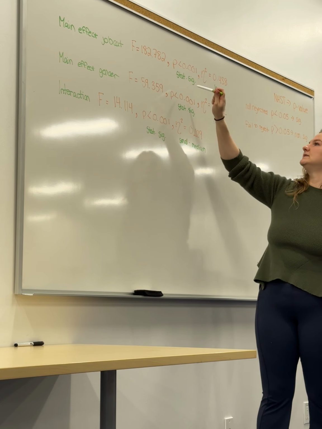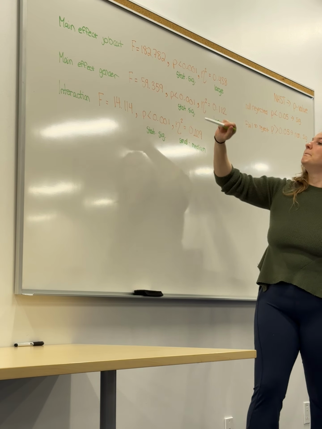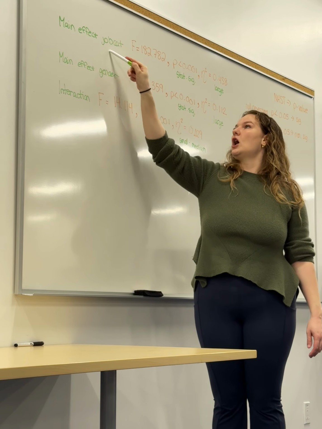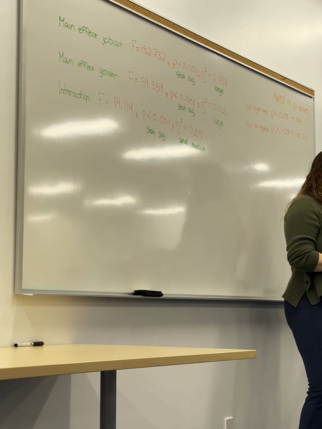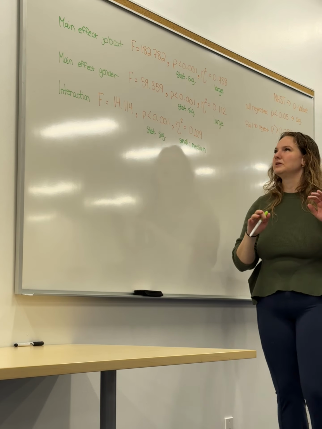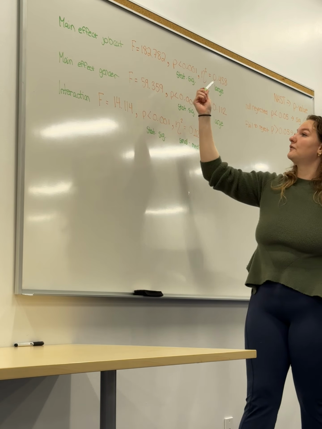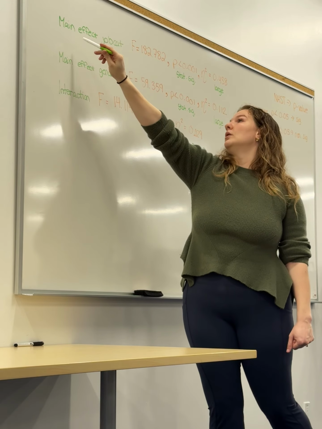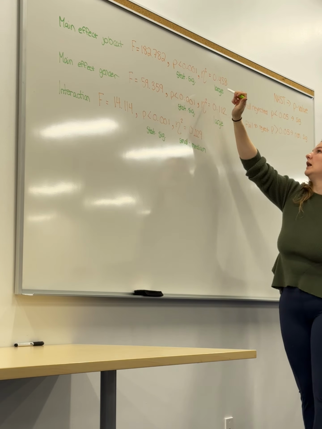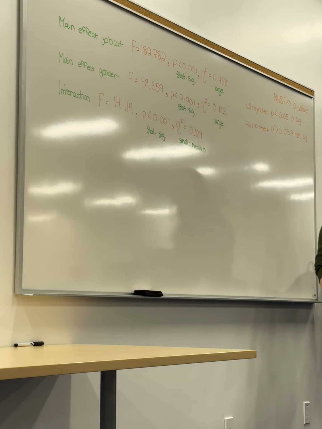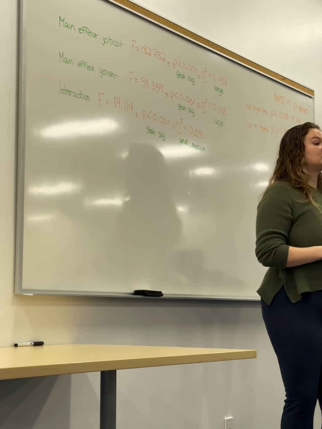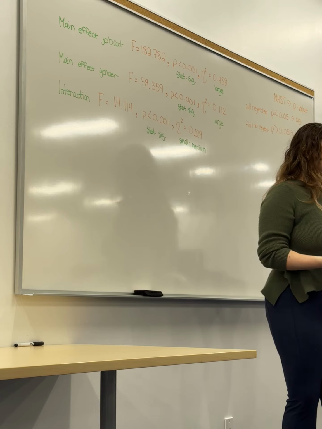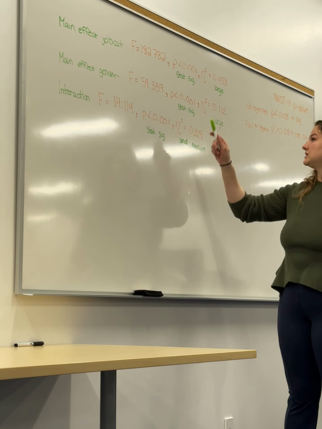There is a statistically significant main effect of job category on the dependent variable, which in my example is current salary. So there's a statistically significant difference for the main effect of job category, and it's a large effect. Basically, what that means is that depending on your job category, your income is going to significantly differ. Does that make sense?